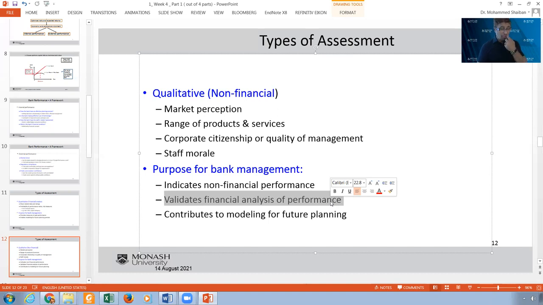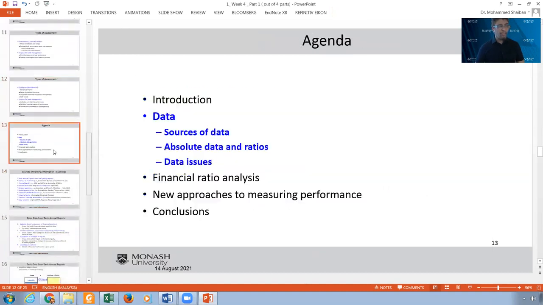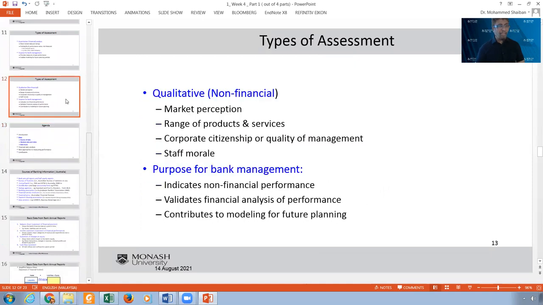Actually the qualitative is validating the quantitative, which means they should go in parallel and align to each other. And as I told you, it's also to contribute to future planning. If we are not doing well in this one, we want to see what we are going to do about it. I'm done with the framework.